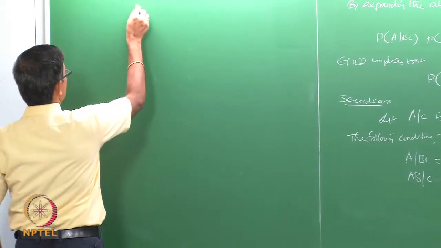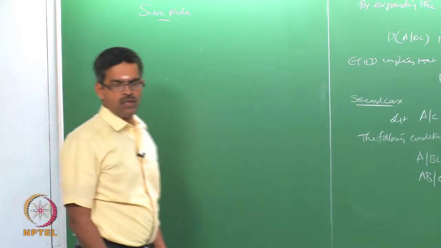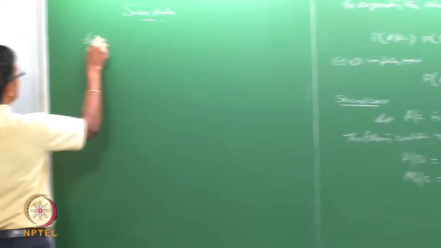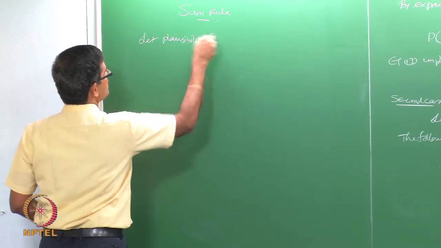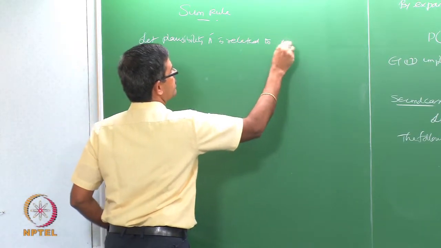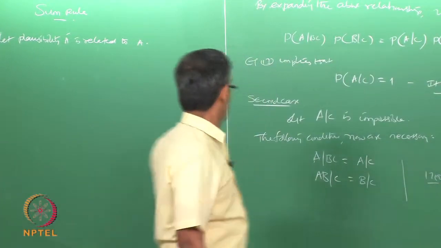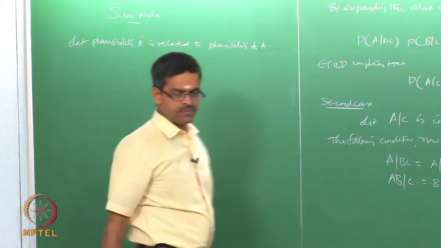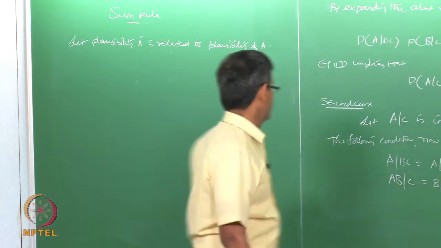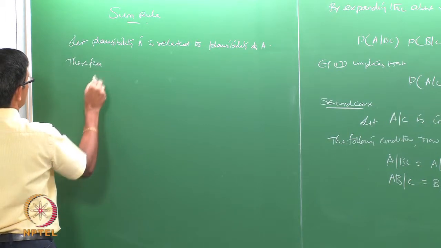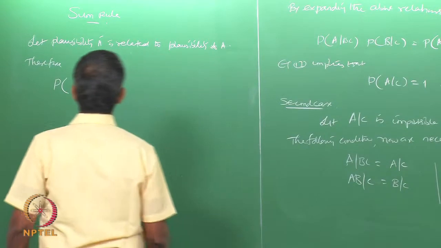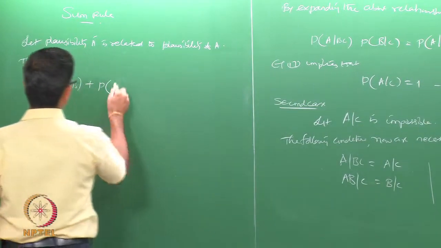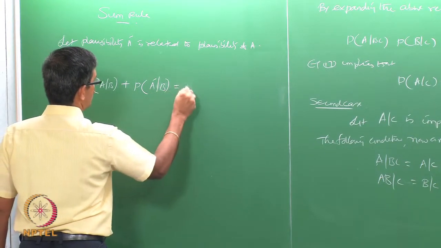Let us say plausibility A hat is related to A by some knowledge level, in the sense related to plausibility of A. Now, one can easily write, therefore, probability of A given B plus probability of A hat given B is unity.